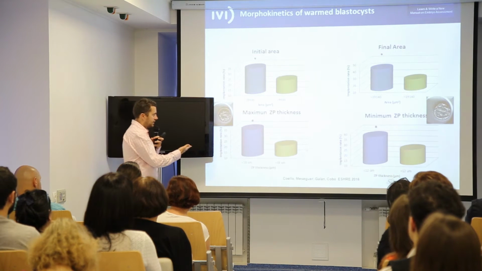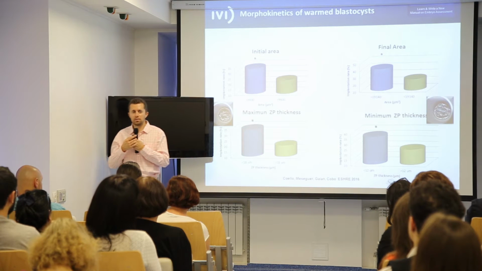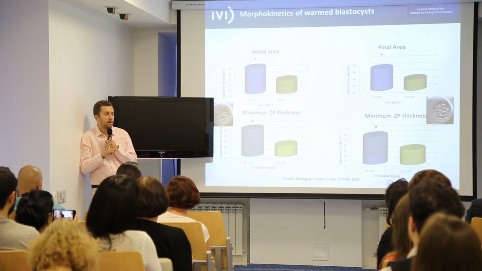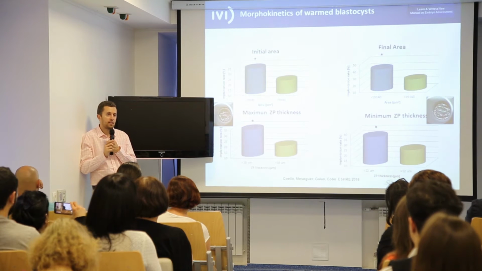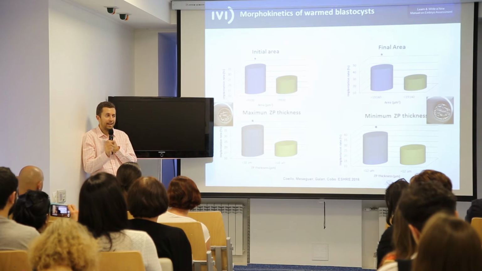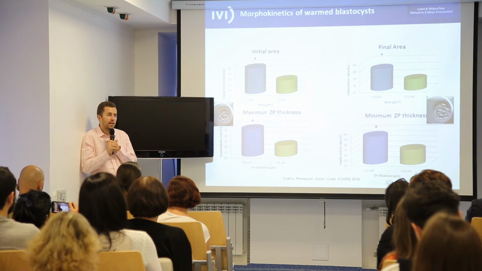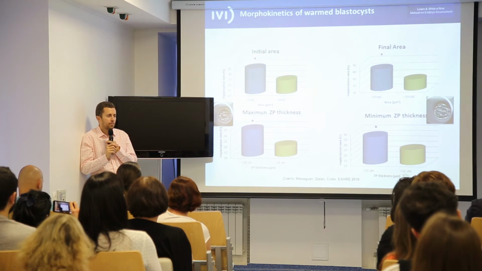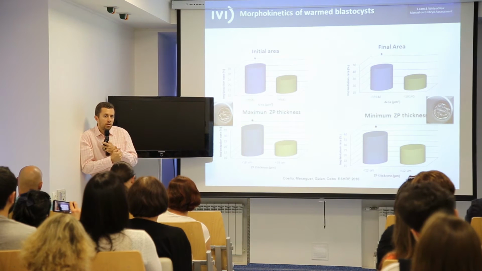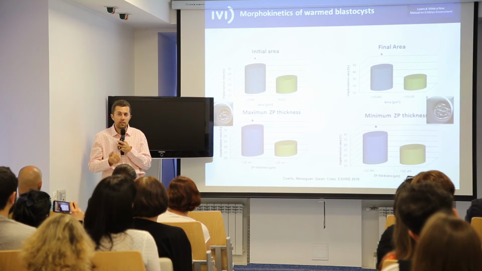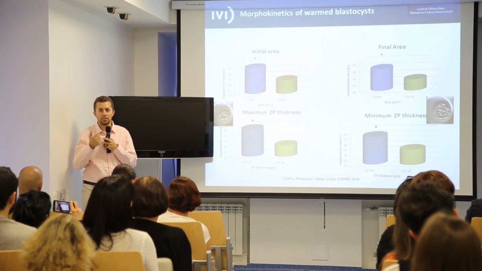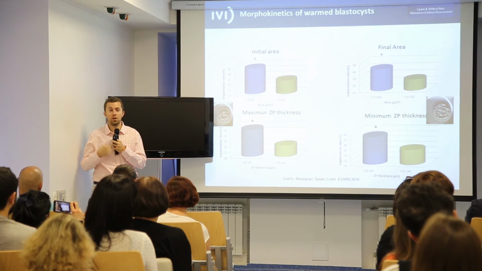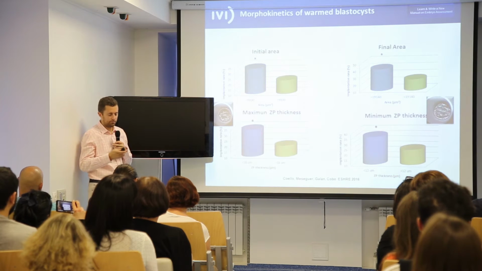So what this slide means is that you can observe the blastocyst after warming, you can measure the final surface, you can measure the final thickness of the zona pellucida, and getting that information, you can have an idea of what will be the outcome of that embryo. So this is a good example of how observation by time lapse, and this is not really related with timings, can become a useful parameter for selection or just for knowledge of the outcome.